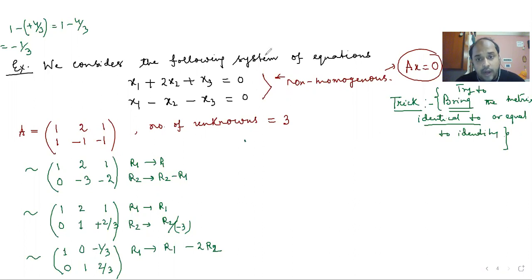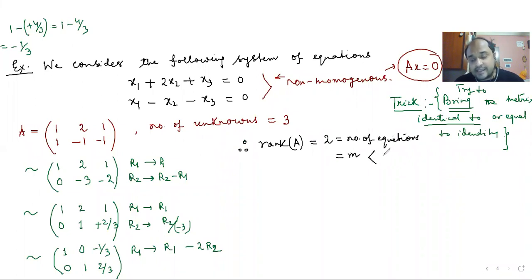Anyways, ultimately after this operation, we have got the rank of A equal to 2, which is equal to the number of equations, m, and it is less than the number of unknowns, n, which is 3 over here.